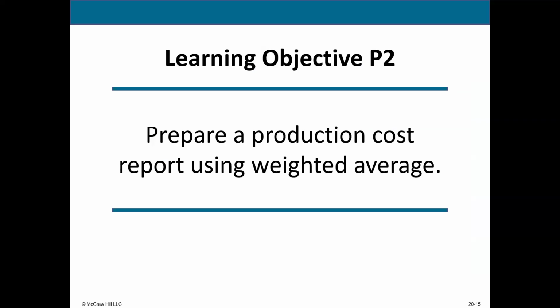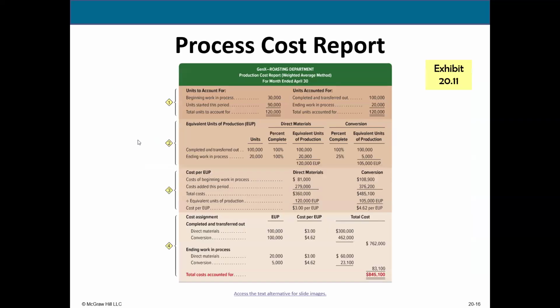We can prepare our financial statements and management statements using the product cost information. We can prepare what's called a production cost report. It basically shows us all of the respective costs related to production as it is directly related to process costing.